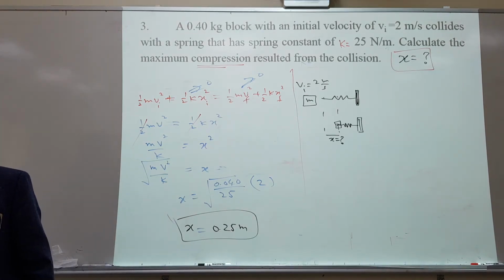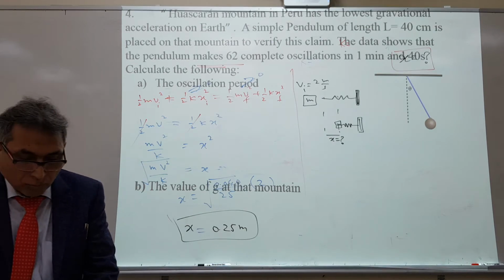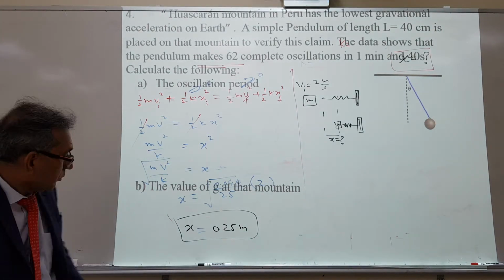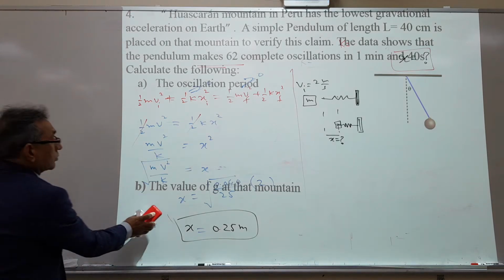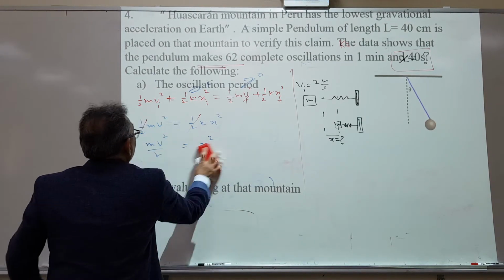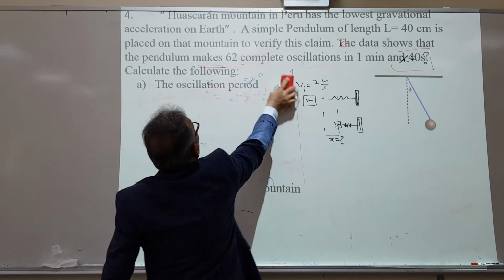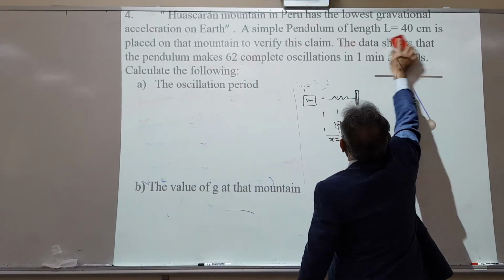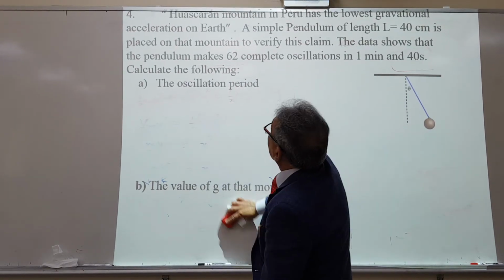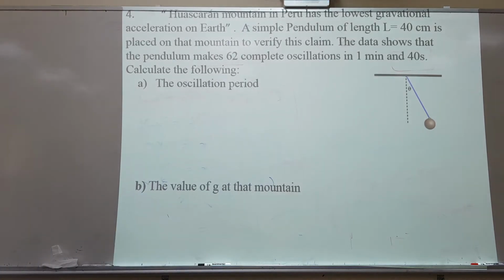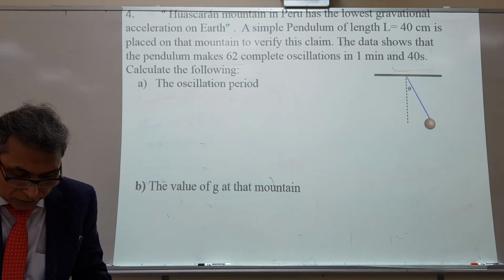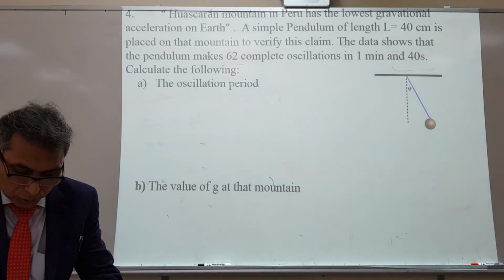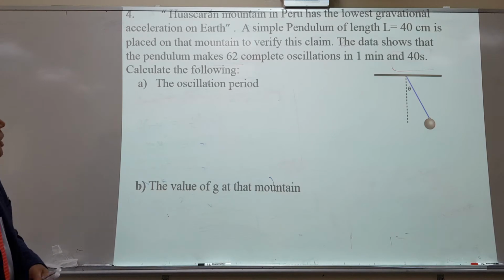Next. Jose Current Mountain in Peru has the lowest gravitational acceleration.